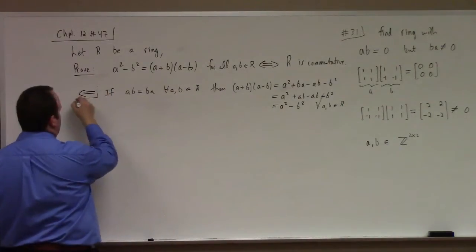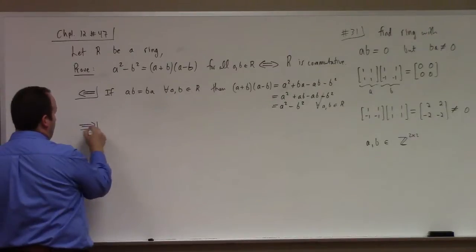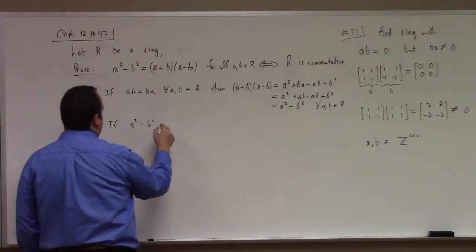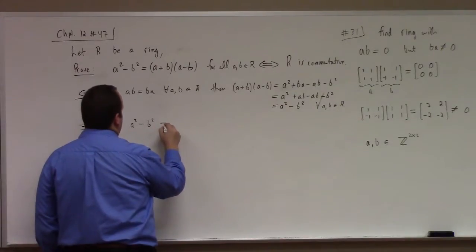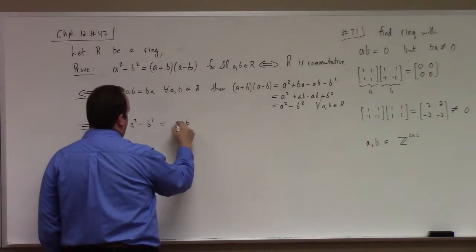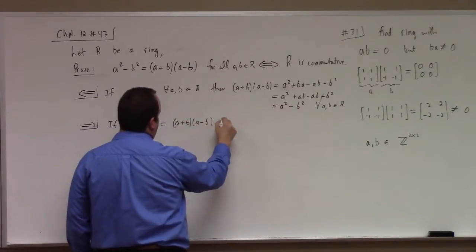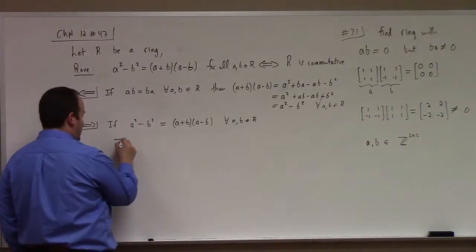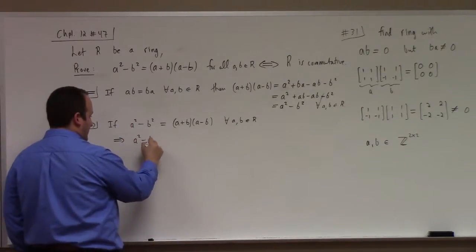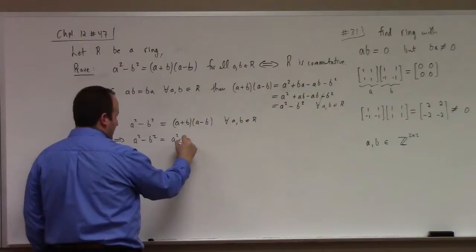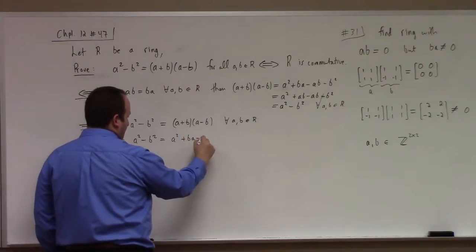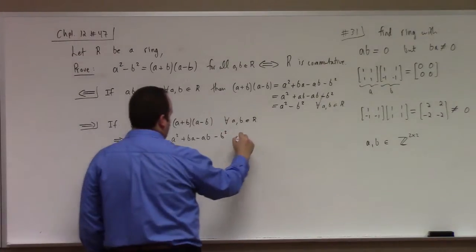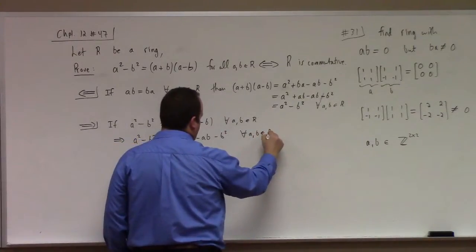So there's the converse direction. Let's see here, the forward direction. If a squared minus b squared is equal to a plus b times a minus b for all a, b in the ring, what's that tell us? That implies that a squared minus b squared is equal to a squared plus ba minus ab minus b squared for all a, b in the ring, right?